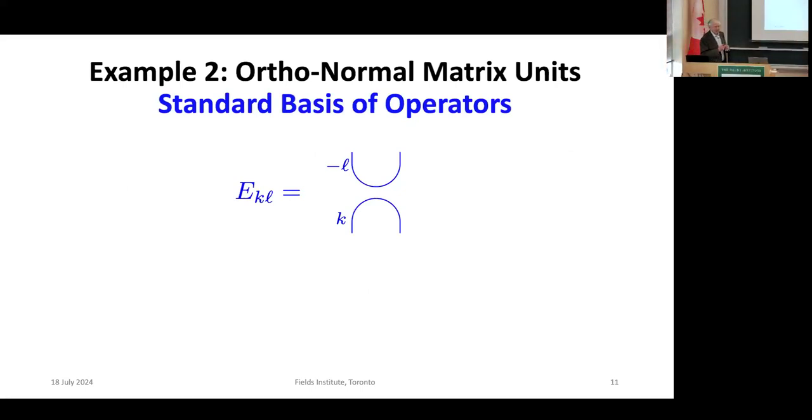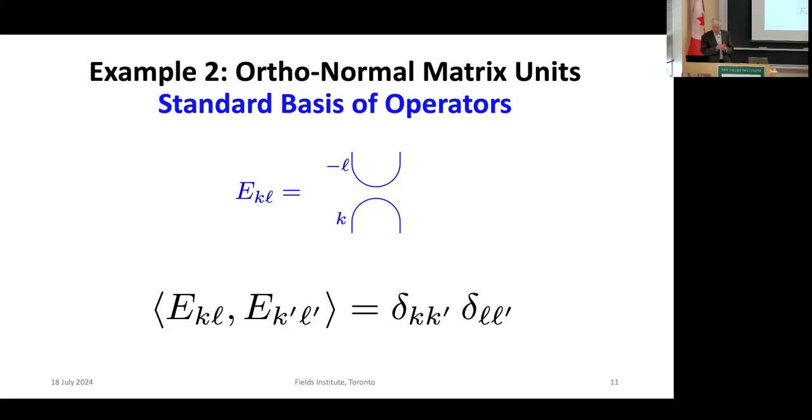So the simplest example in detail is to look at the matrix units in this algebra. And here is the picture of the matrix unit EKL. They're orthogonal, in fact, orthonormal in this inner product. And they form a d squared dimensional basis for the finite dimensional space.